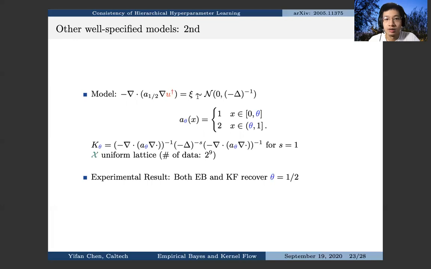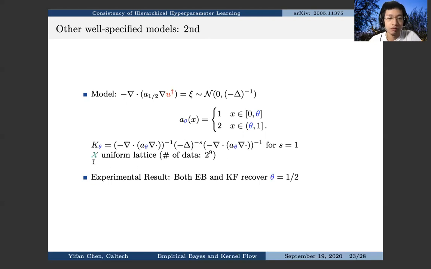And the right-hand side is a Gaussian process with mean 0 and covariance minus Laplace to the power of -1. Essentially, U dagger is a Gaussian process with the following covariance function with s equal to 1. So in this well-specified model, we will choose our kernel model to be the well-specified one, but with theta as an unknown parameter to be inferred.